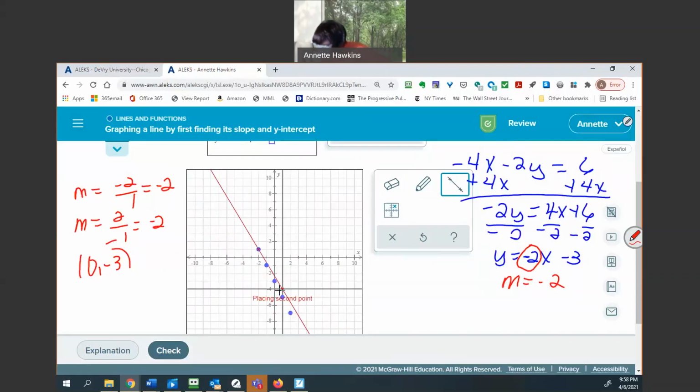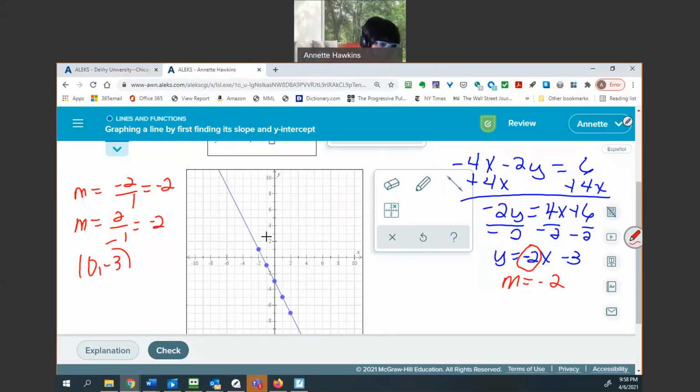And then I'm going to come in like this. Voila. That's pretty. So I would use the pencil tool to plot these, because if you don't, ALEKS is going to mark it wrong, because I noticed that I was not going through the right points. So use the pencil tool to plot these, and then use the line tool to get the line straight.